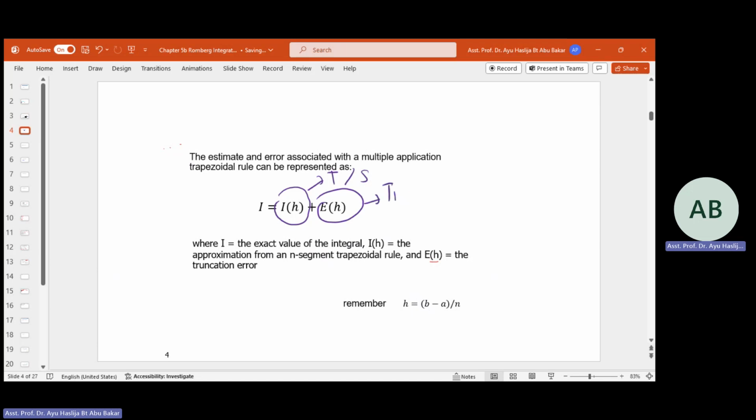The truncation error is the true value minus the approximate value. Not the percentage, the value only. So that truncation error plus the integration that you calculated, you will get the actual integration, right?